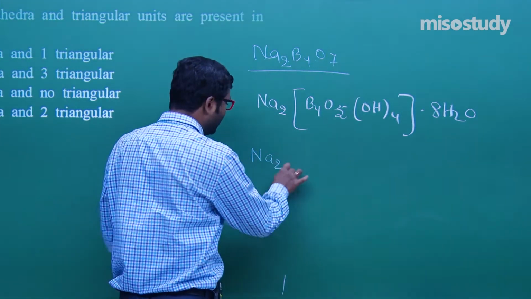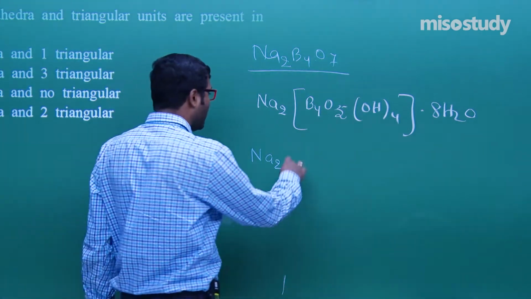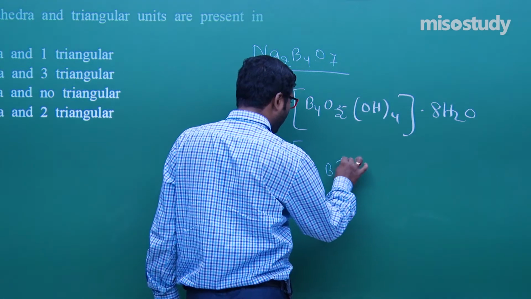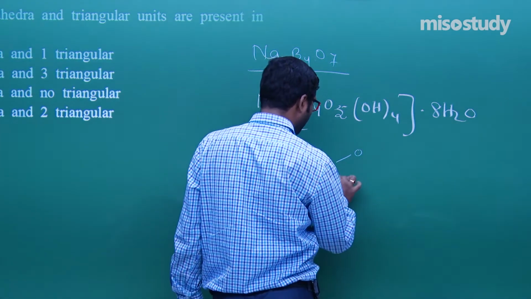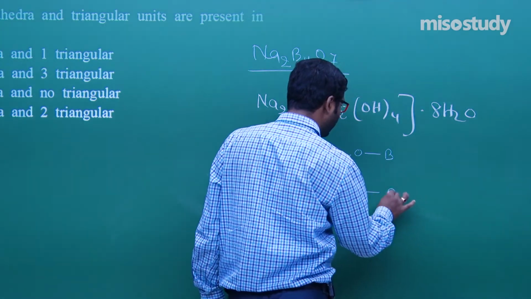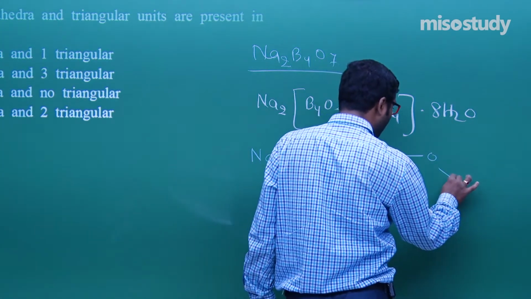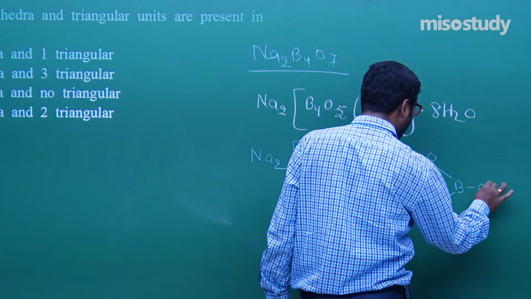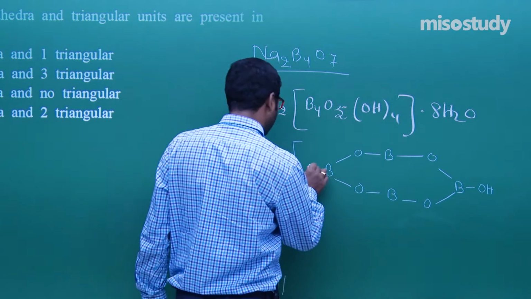That is Na2, visible to you. Now put here B, O, then B. Then B, then put here O, then B. Then put here O, then OH. Now put here OH.